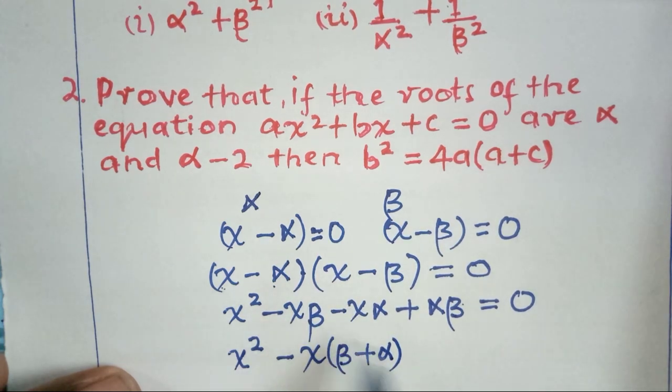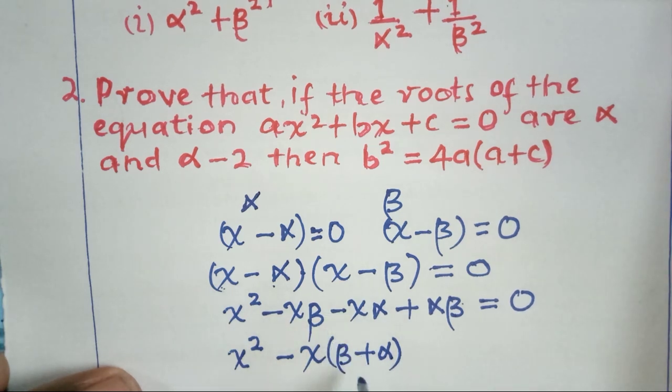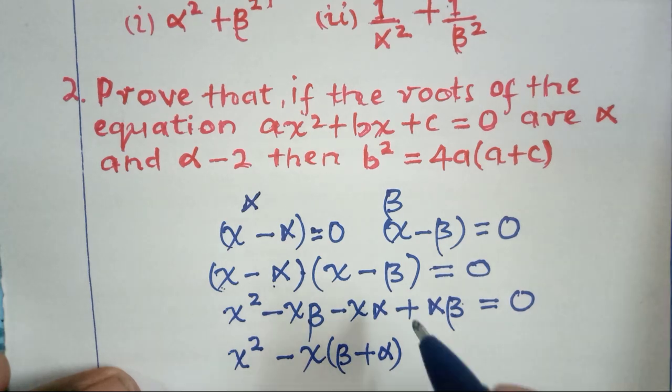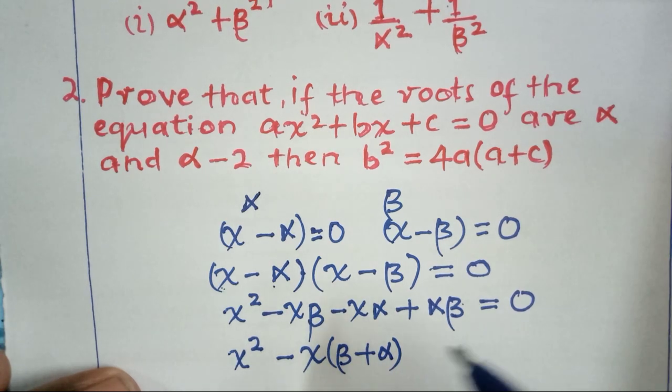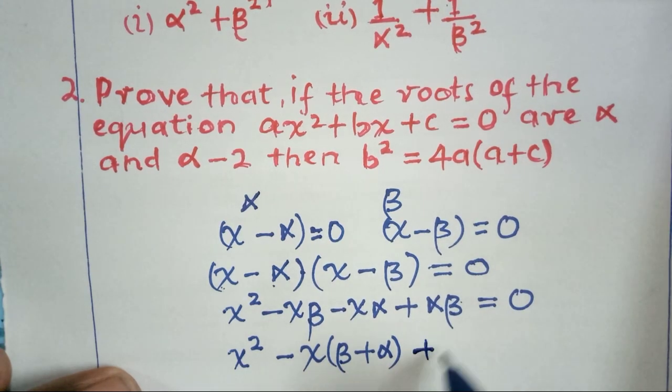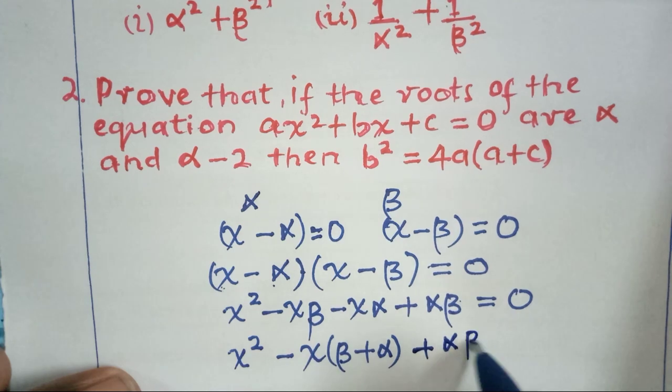The reason I have put plus is because of this bracket. If I want to go from this level to this level, I would have to take away the negative. I hope you understand that. Then plus alpha beta equals to 0.